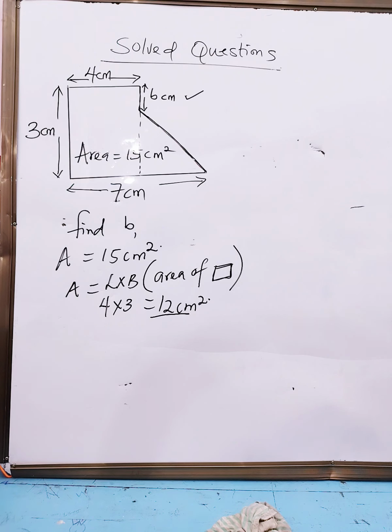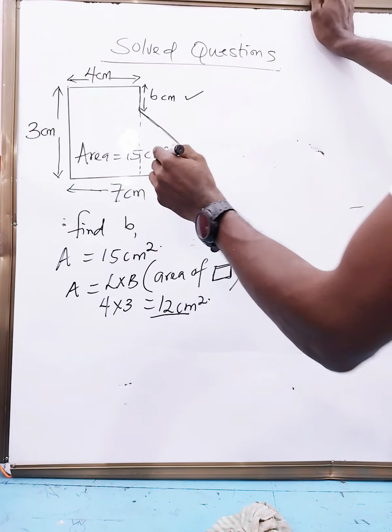Now we need the area of the triangle. To get the area of the triangle, a lot needs to be done. The area of a triangle is half base times height, the perpendicular height.